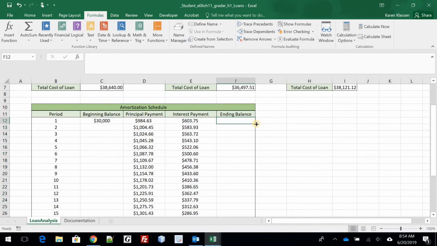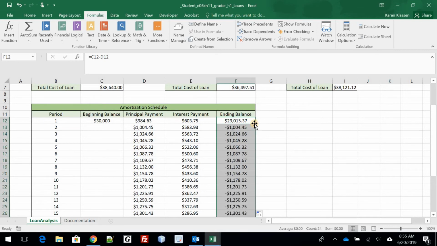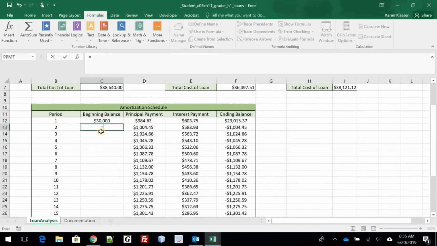Okay, so now on an amortization schedule, the ending balance is actually just the beginning balance minus our principal. It does not take into account your interest payment. Okay, so we're going to copy that down. Then our second period, the beginning balance for the next period is the ending balance from the previous period.